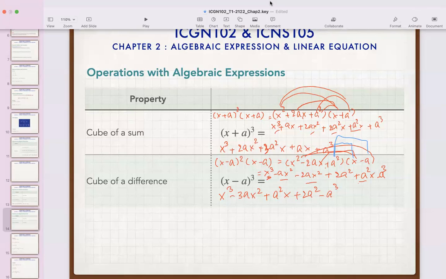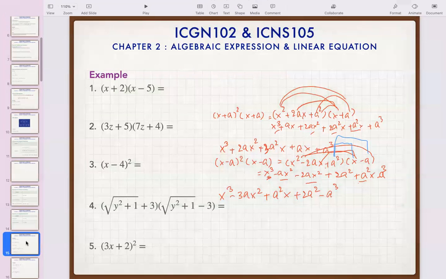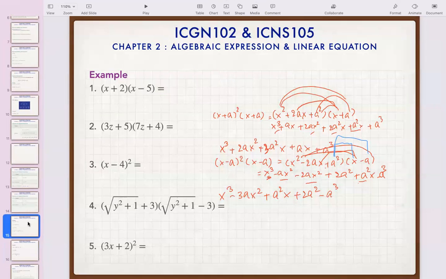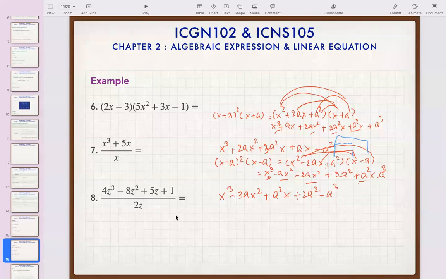Okay, so when we have this already, I have homework for you. The homework that I would like you to do is example number 1 to example number 8 on the next slide. Here you see example number 1 to example number 8.